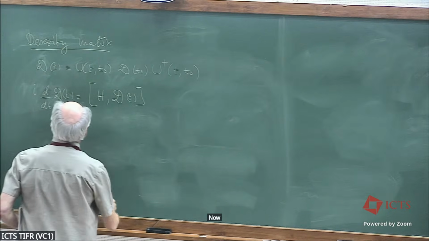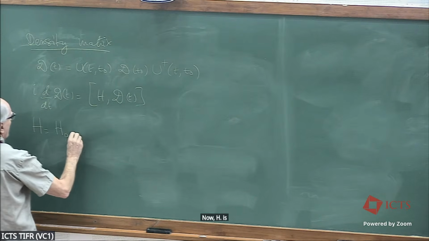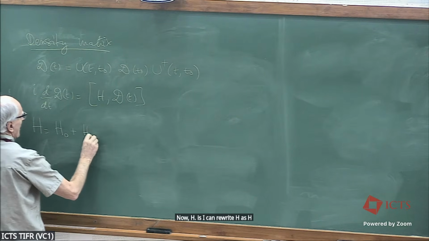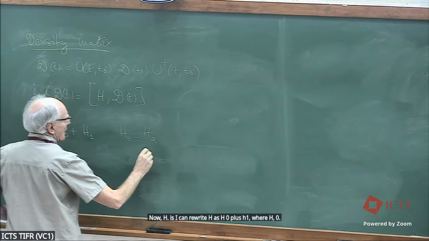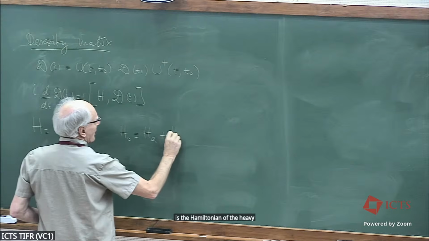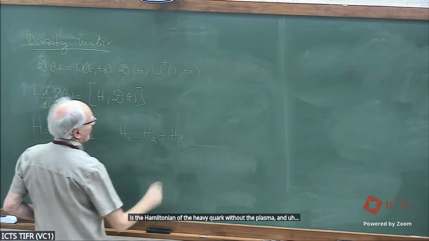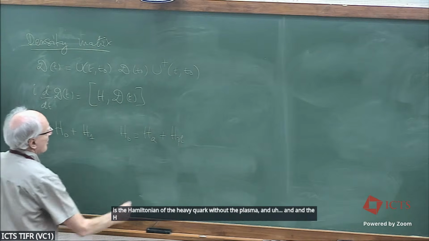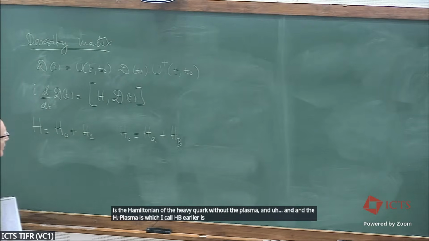Now, I can rewrite H as H0 plus H1, where H0 is the Hamiltonian of the heavy quark without the plasma, and H plasma, which I called HB earlier, is the Hamiltonian of the plasma without the heavy quarks.